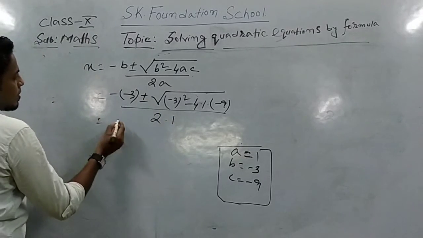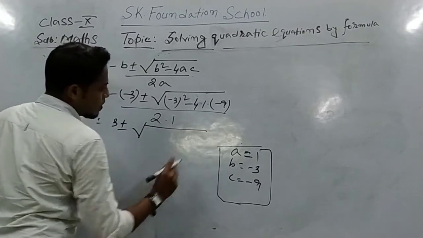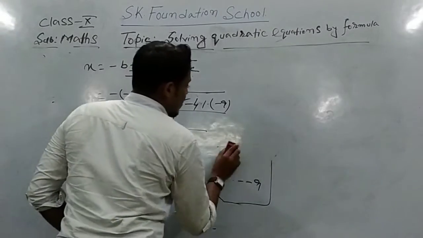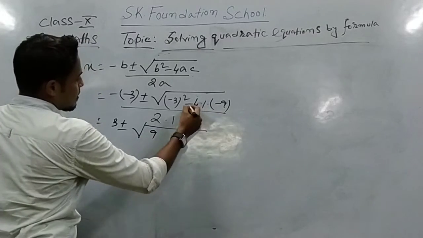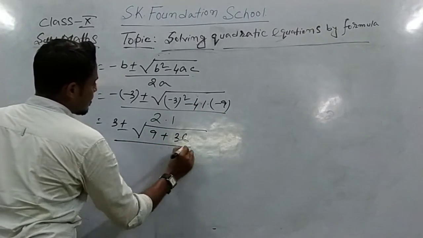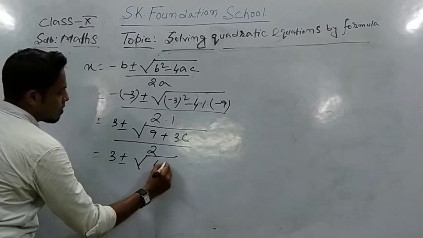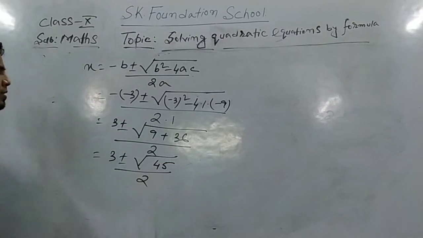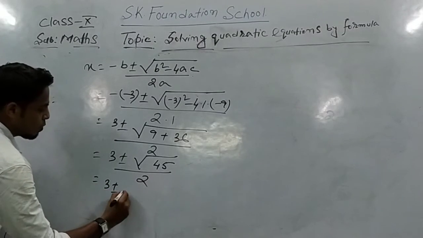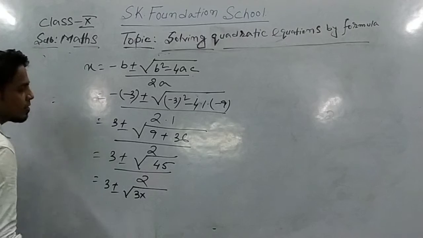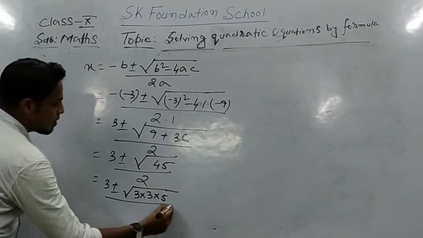So minus minus plus, and the root over square of minus 3 plus 9 minus minus plus 36, by 2. So 3 plus minus root over 45 by 2. Root 45, if you want to break it, is 3 into 3, 9 into 5, by 2.